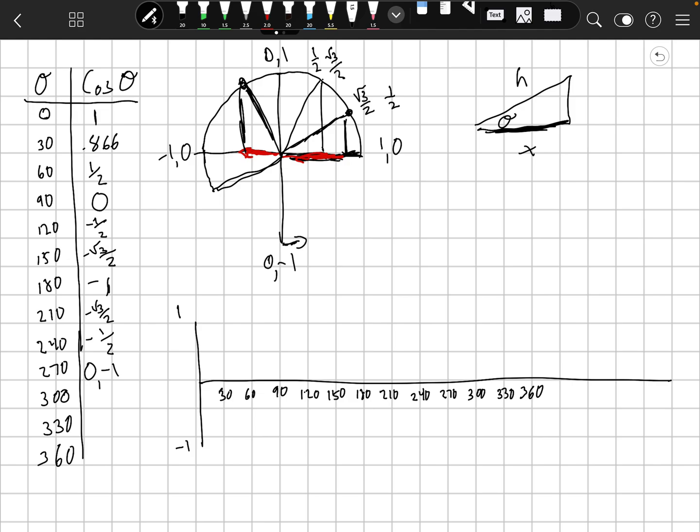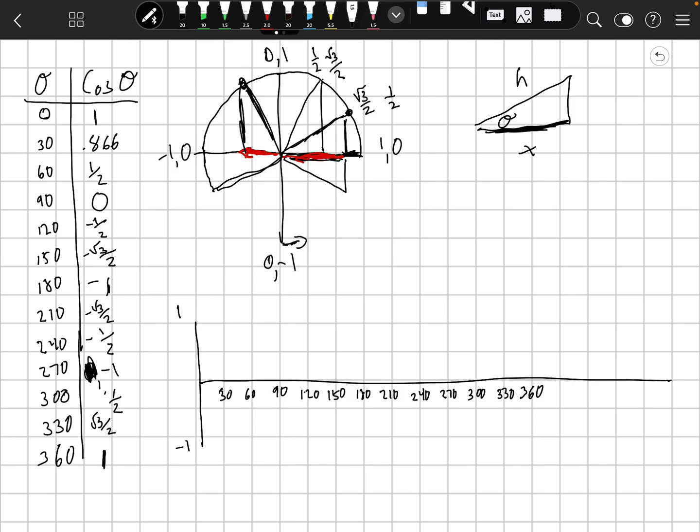So at 300, that's a reference angle with 60 degrees, so we're going to have positive 1/2. Then at 330, we're going to go right here, so cosine is going to be positive square root 3 over 2. And then at 360, we're back to positive 1.